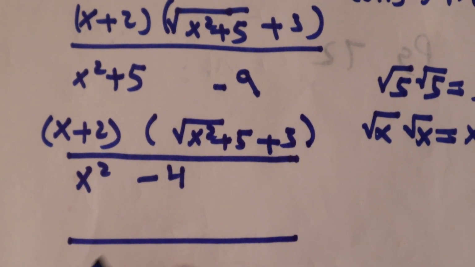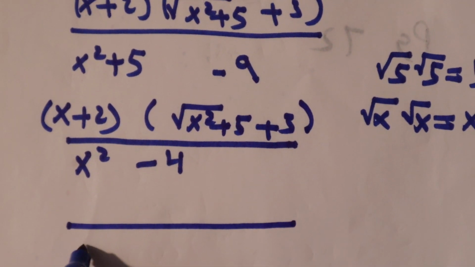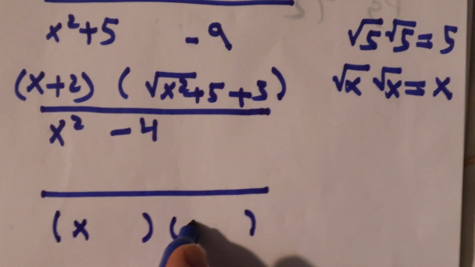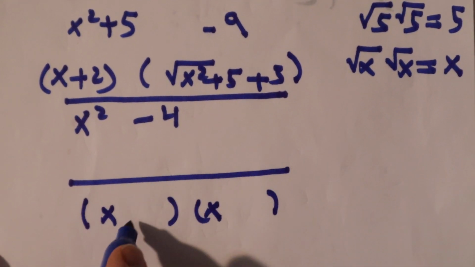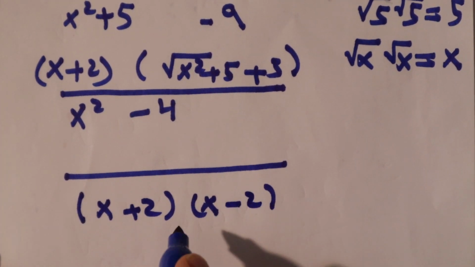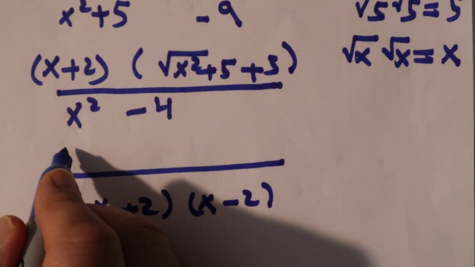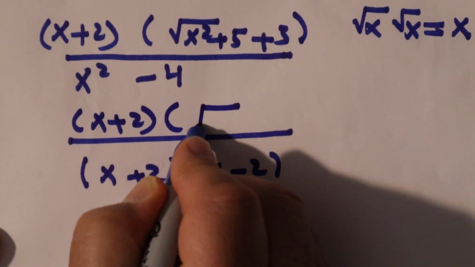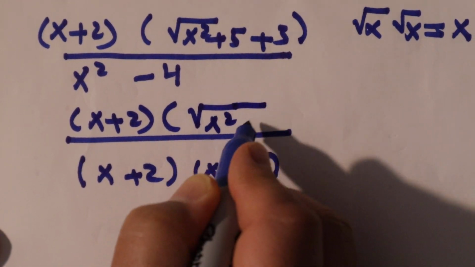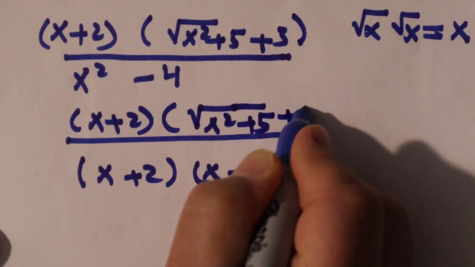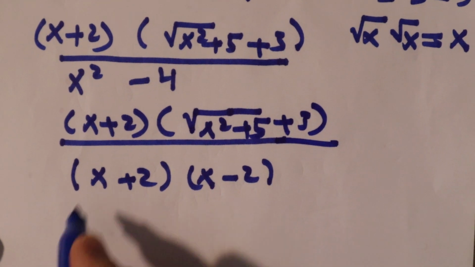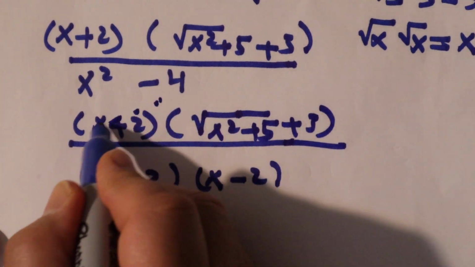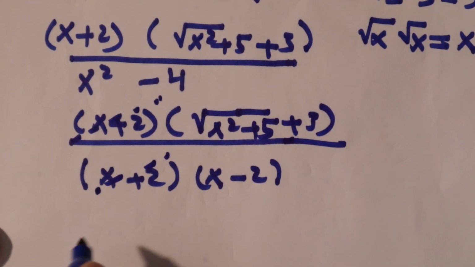We have x squared minus 4, which is easy to factor. x squared is x times x, and -4 will be +2 times -2. Write down the numerator, which is x plus 2 times square root of x squared plus 5 plus 3. You see? Some items will be canceled out: x plus 2 and x plus 2.